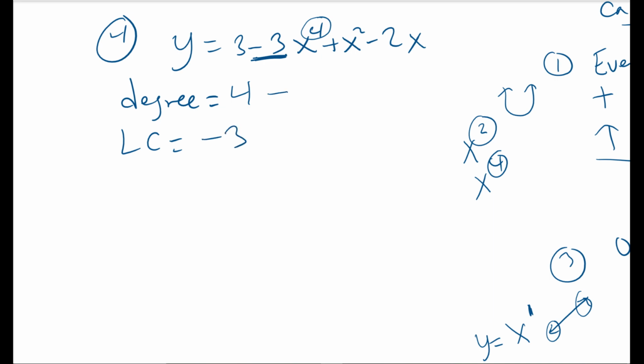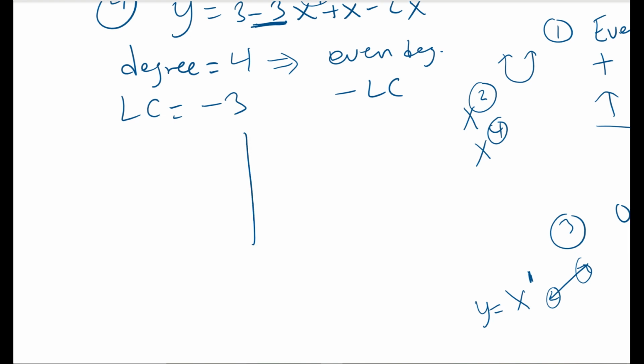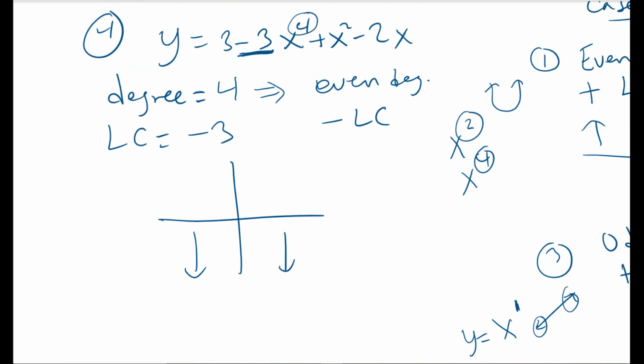So that means we have even degree and negative leading coefficient, which means that the end behavior is down and down. And that's all I was looking for in number 4.